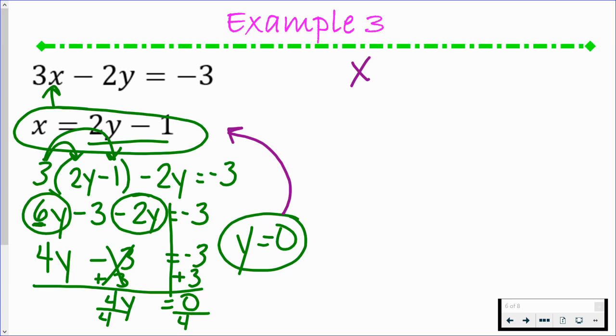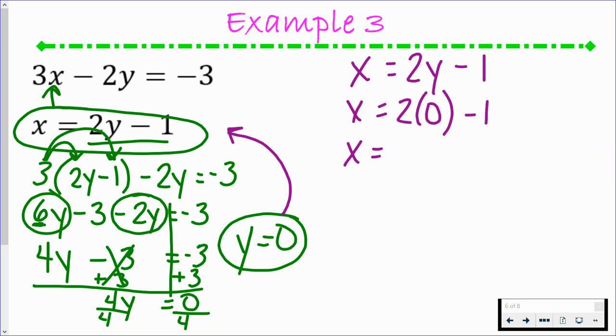So I'm going to come over here, 2y minus 1, and now I'm going to replace the y with 0. Two times 0 is 0, minus 1. 0 minus 1 is negative 1.